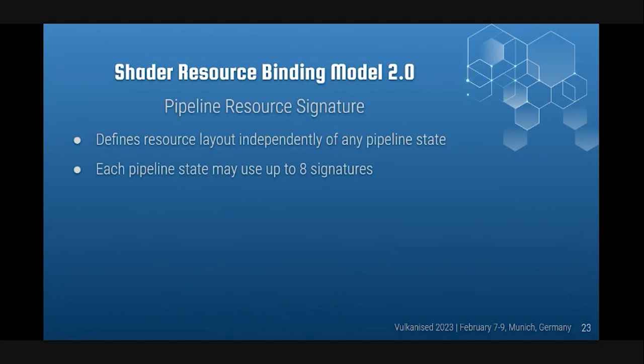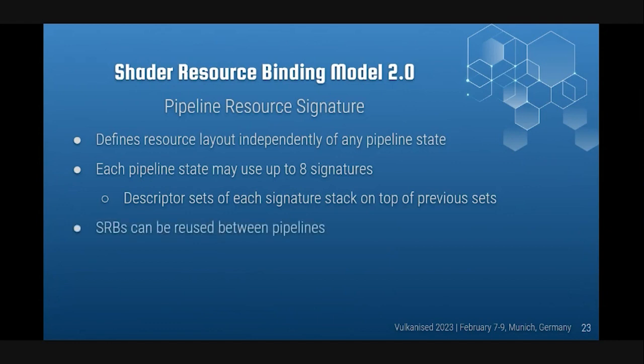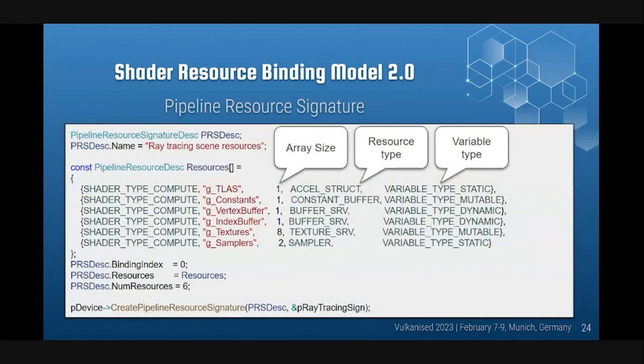Each pipeline then may use up to 8 signatures, and the descriptor sets of each pipeline then stack on top of each other. That makes the shader resource binding objects reusable between pipelines, and it also lets resources be bound at different frequencies.